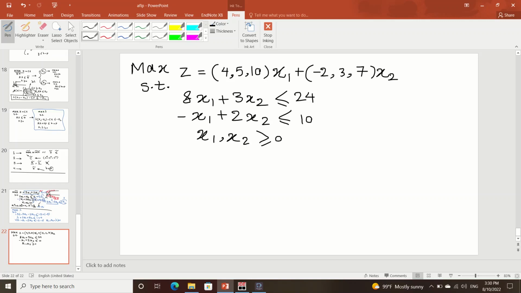But this previous model has been solved with these structures. For example, there are three objective functions.